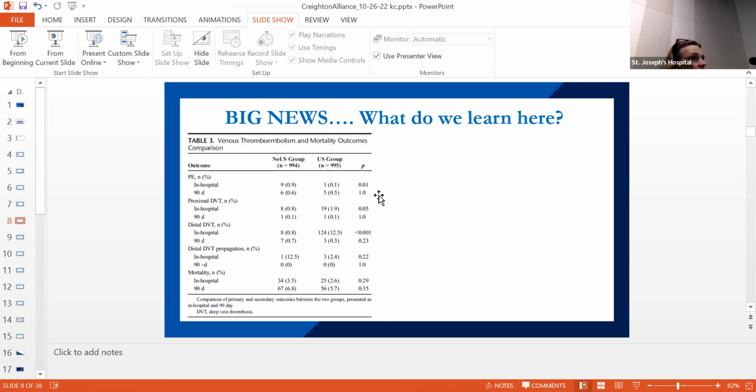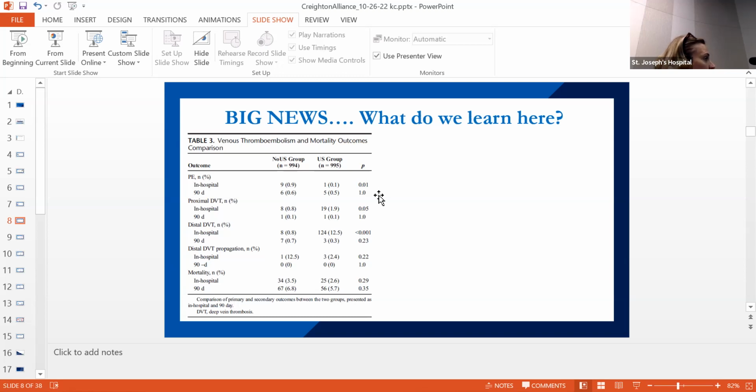Were there more DVTs in the ultrasound group or the non-ultrasound group? The ultrasound. And was that statistically significant? Okay, yes. For the sake of argument, we'll say yes. It's right at 0.05. What about the direction? What do we notice? So we've got 1.9%.